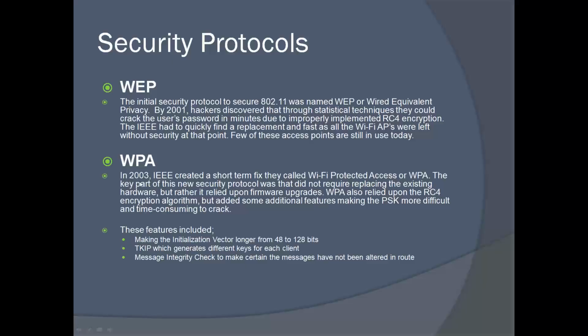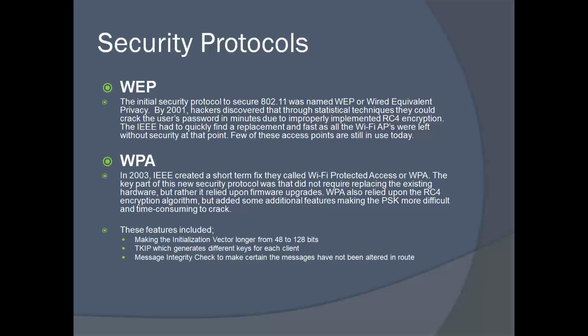In 2003, IEEE created a short-term fix that they called Wi-Fi Protected Access. The key part of this new security protocol was that it did not require replacing the existing hardware. They didn't want to have to replace everybody's hardware, because if they did, people wouldn't do it.